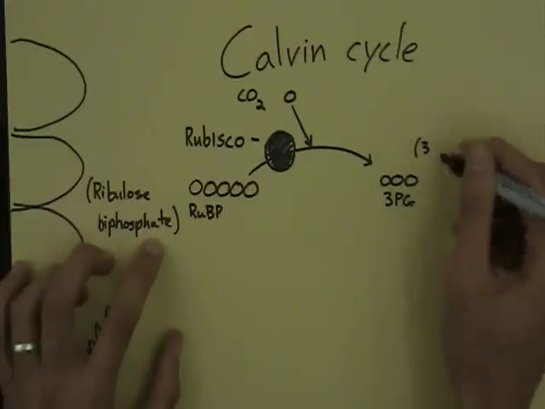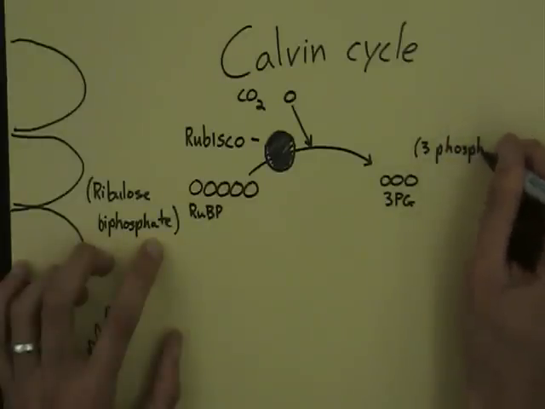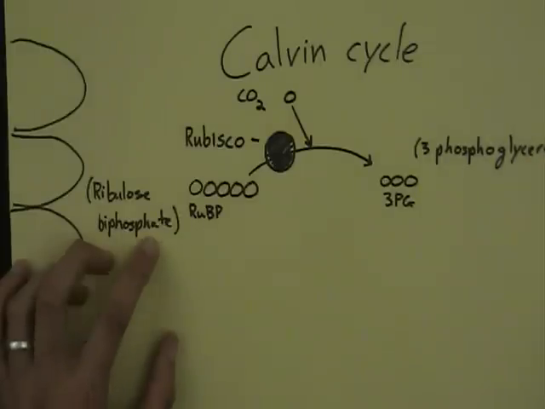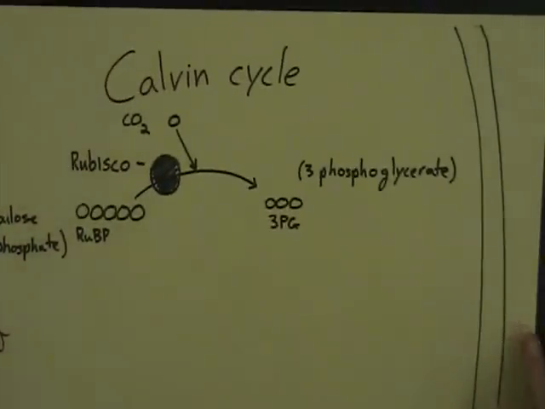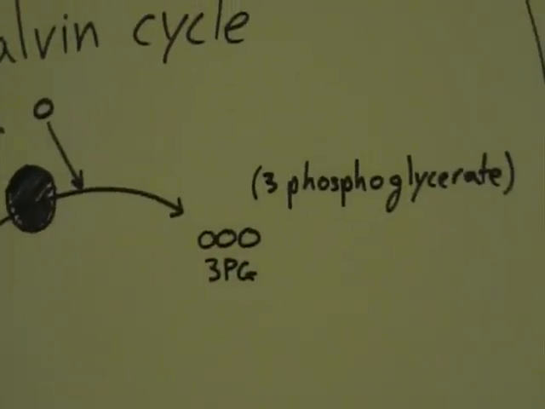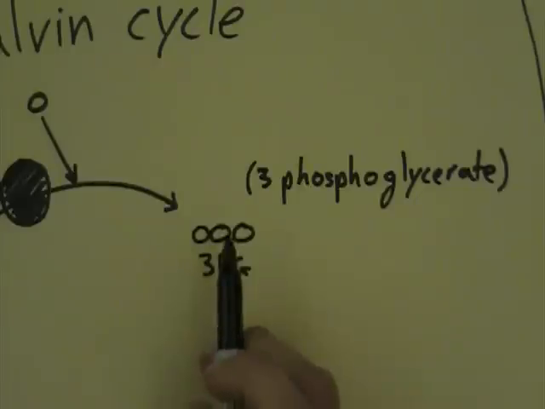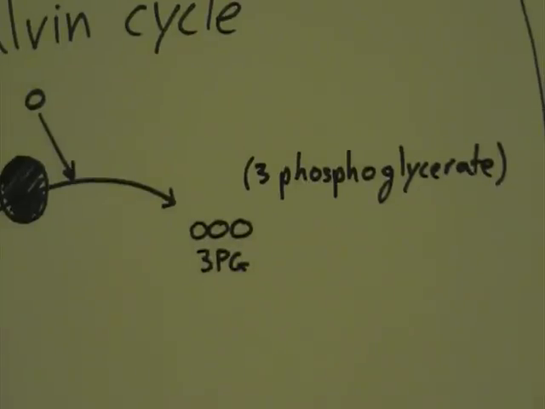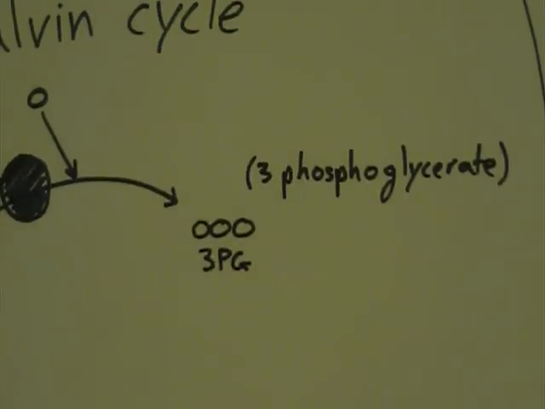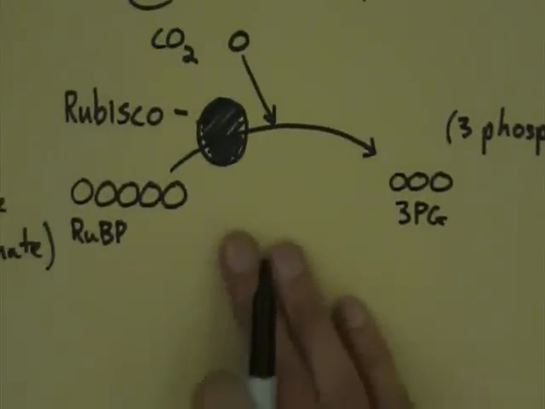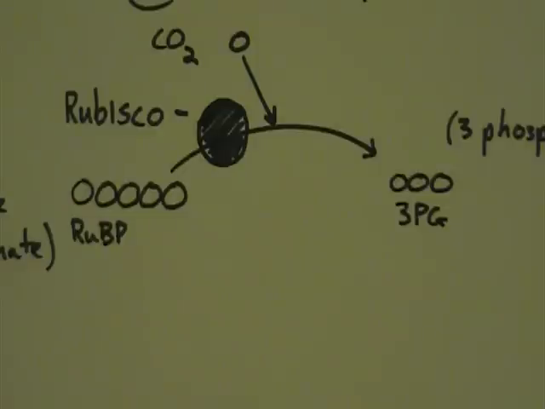That stands for 3-phosphoglycerate. I'll just move that across so you can see it. There you go. So 3PG, and you can think of the 3 as standing for the fact that there are 3 carbons in this new molecule. So that 6-carbon molecule that came over from the RuBP is now being split down into 2 3-carbon molecules.